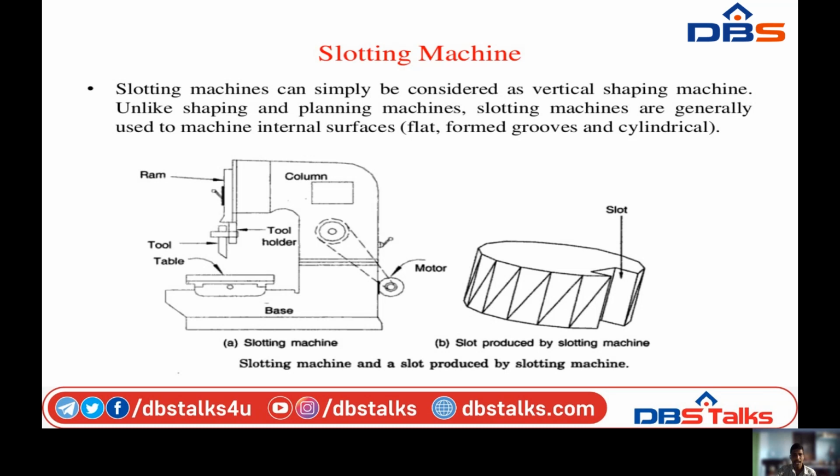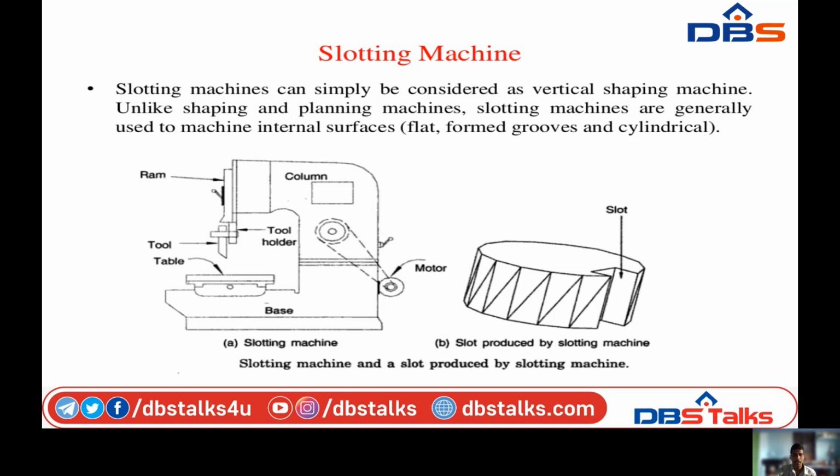Next, the ram. Ram movement will be in reciprocating direction, from upward to downward. The power is given by using a motor. Power is supplied to the motor, then automatically the gears are moved by using mechanisms.